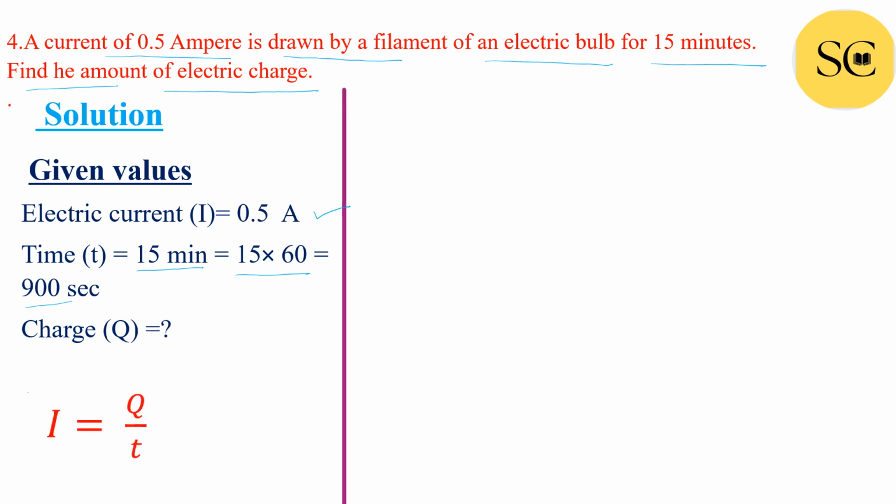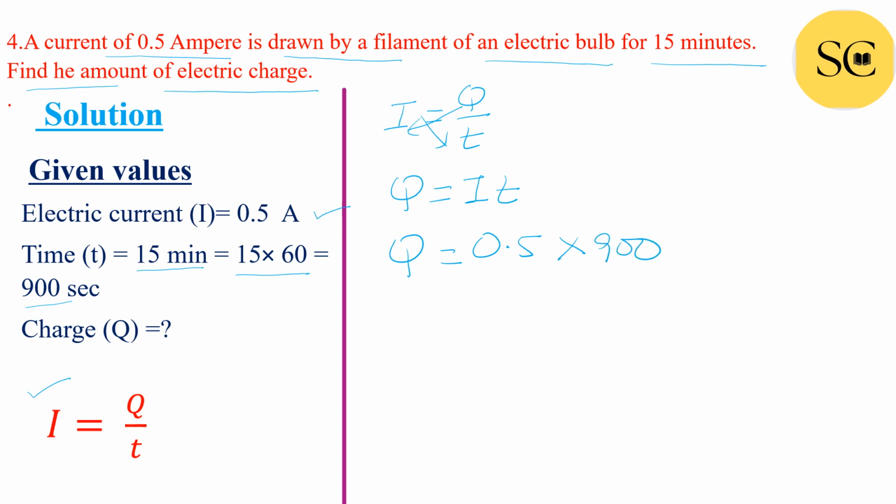So the formula is I is equal to Q upon T. Same cross multiplication. Now Q is equal to I into T. So put the value of I, 0.5 into 900.